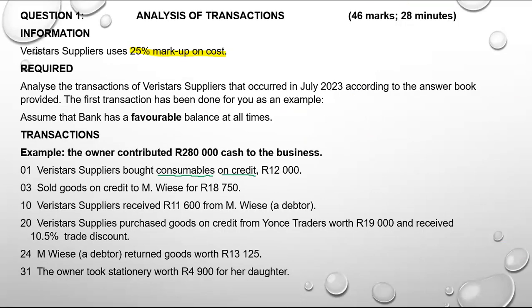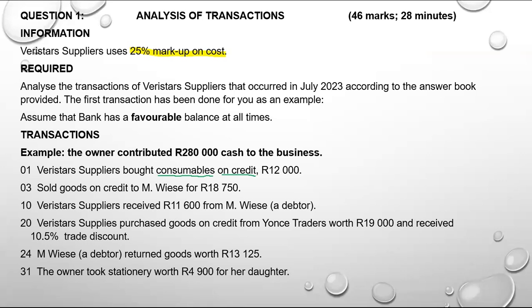Various Stars Suppliers received 11,600 from M. Visser, a debtor. So M. Visser paid us 11,600. Now, since M. Visser paid us, it means that our bank account will increase.